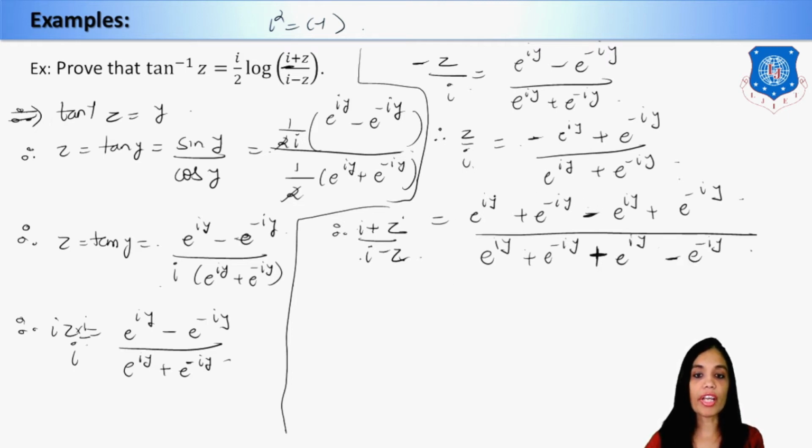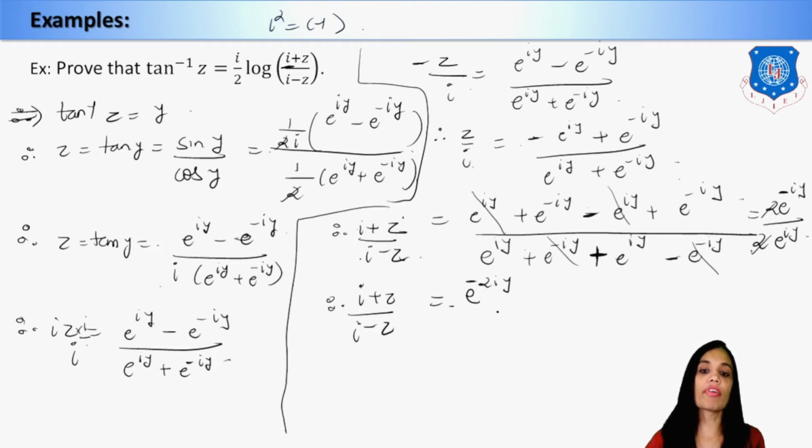Now let us see what gets cancelled out. This gets cancelled out, and in the denominator this gets cancelled out. So finally what is remaining? We are having 2e^(−iy) upon 2e^(iy), right? 2 will get cancelled out, and from here we can say that (i + z) upon (i − z) is equal to e^(−2iy).